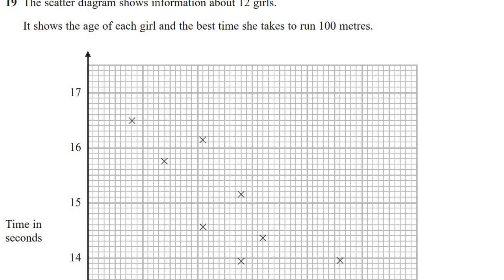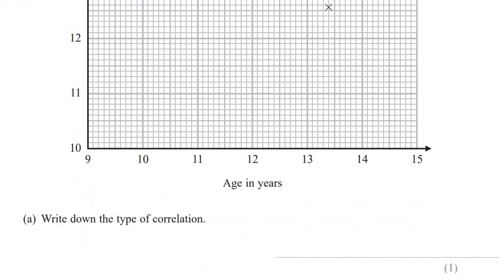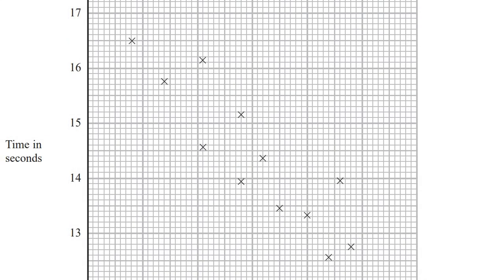Okay, so now in the next question we have a scatter diagram. Right, and question says write down the type of correlation. So what you do is you take your ruler and try to draw the line of best fit.